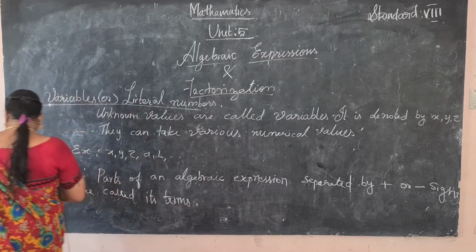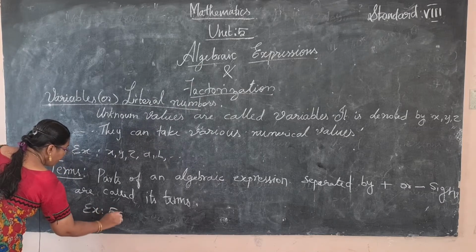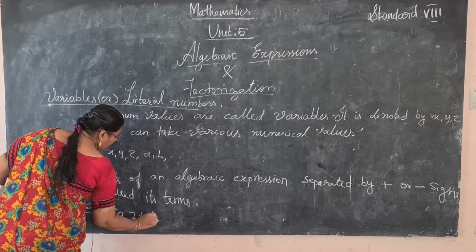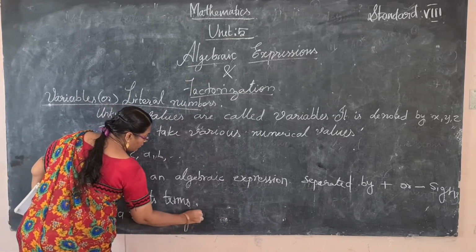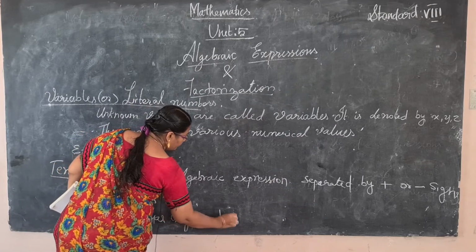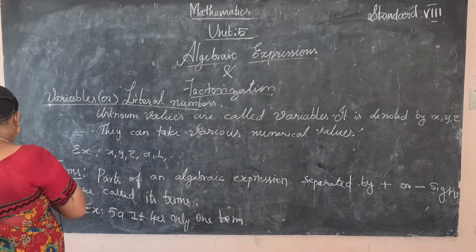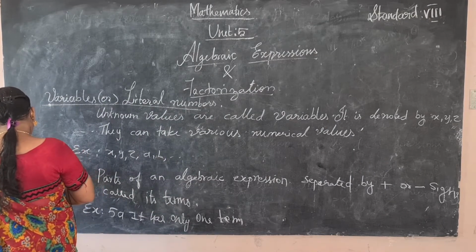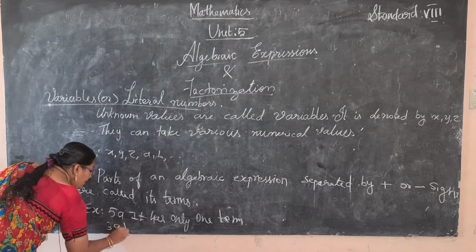Example: 5a has only one term. Next, 3a plus 2.